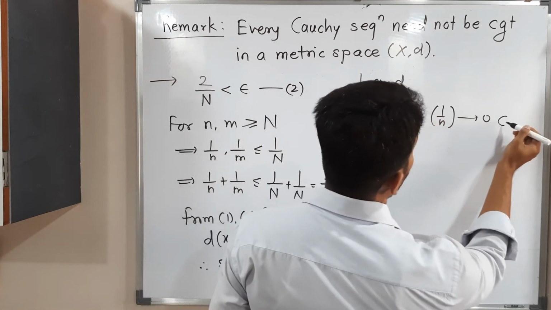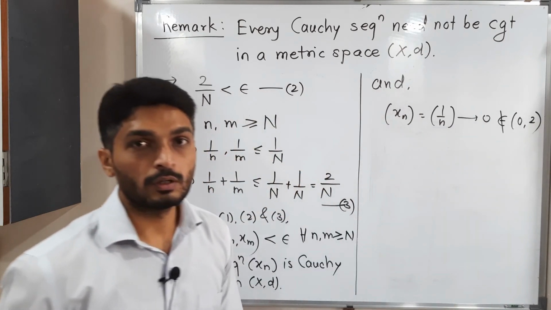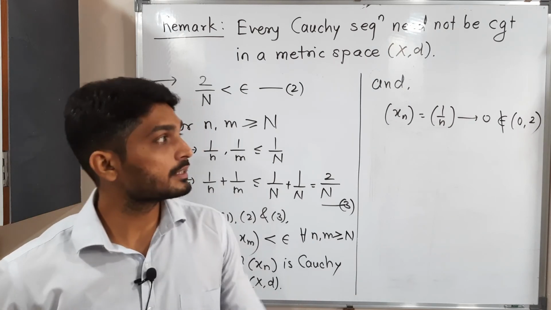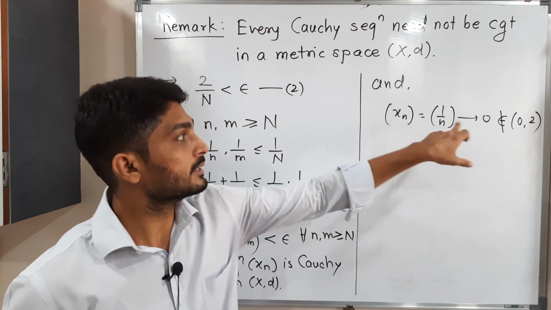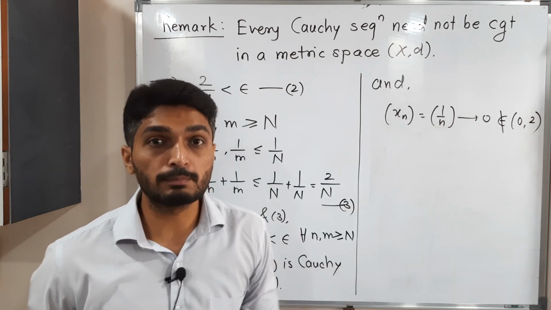But 0 does not belong to the open interval (0, 2). What set have we considered? The open interval (0, 2). This sequence converges to 0, but this is an open interval, so it does not contain its boundary points.